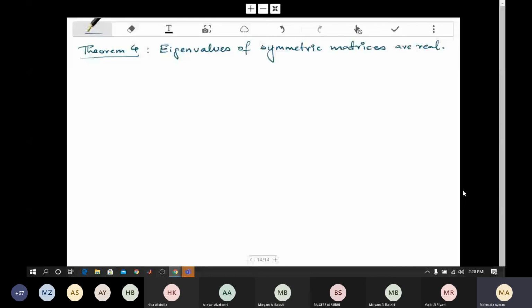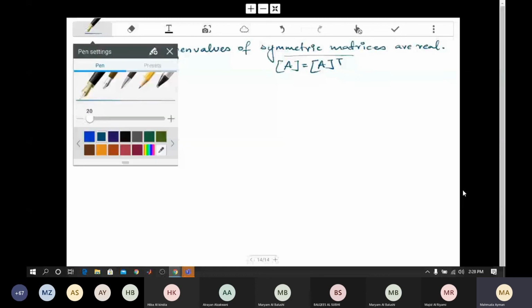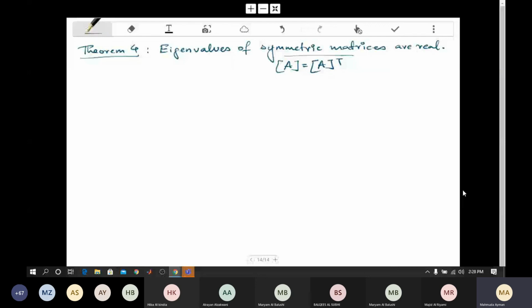So if you have symmetric matrices, the eigenvalues of them are real. What I mean by symmetric matrices is that the matrix A is equal to its own transpose. So if you have symmetric matrices, the eigenvalues of this kind of matrices will always be real numbers. I hope you understood that one. Then let's go to the next theorem.